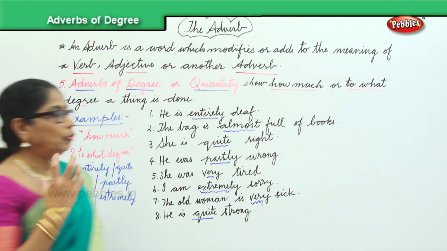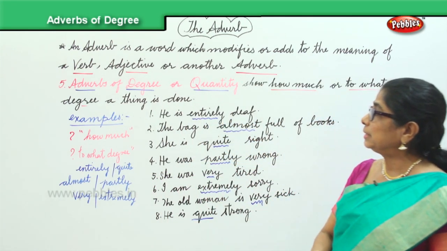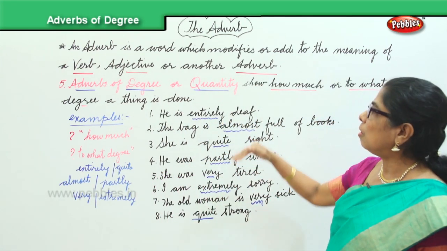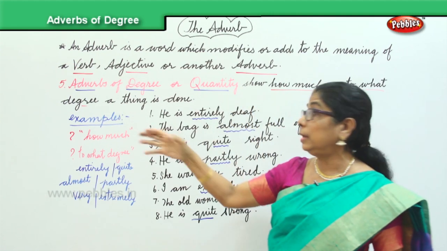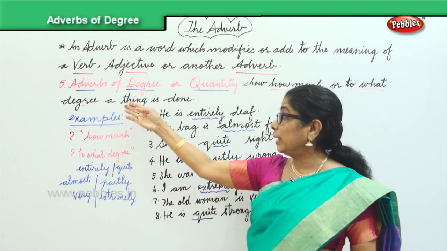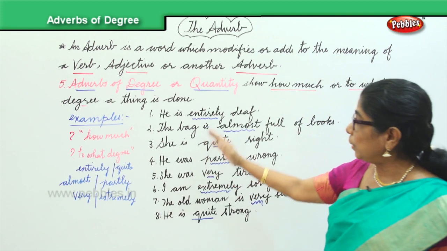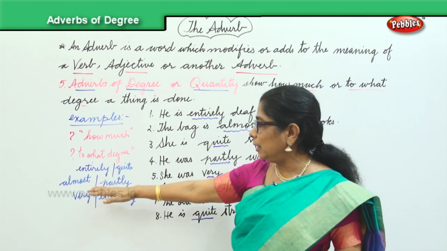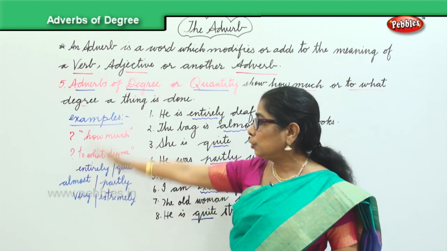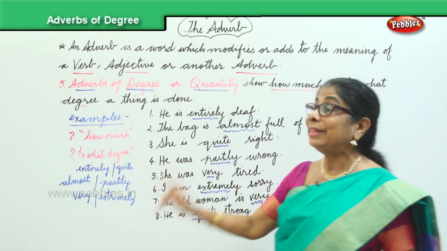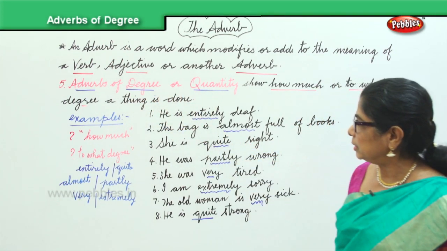So we are now looking at the fifth kind of adverb, adverbs of degree or quantity, which show how much or to what degree a thing is done. So we can ask two questions here: how much or to what degree. So we have words like entirely, quite, almost, partly, very, extremely. To these words, if you ask a question, then we can identify adverbs of degree or quantity.